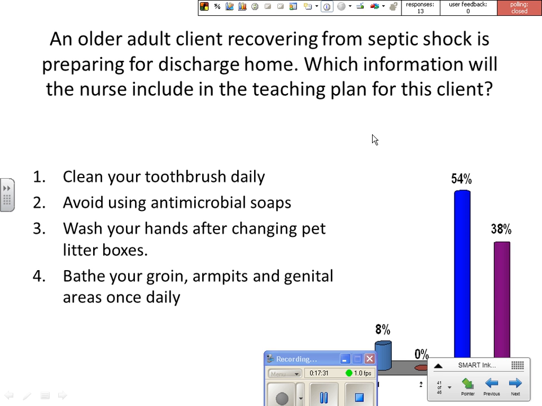Okay, 8% said clean the toothbrush, 54% said wash your hands after changing the litter box, 38% said bathe groin, armpits, and genital areas once daily.